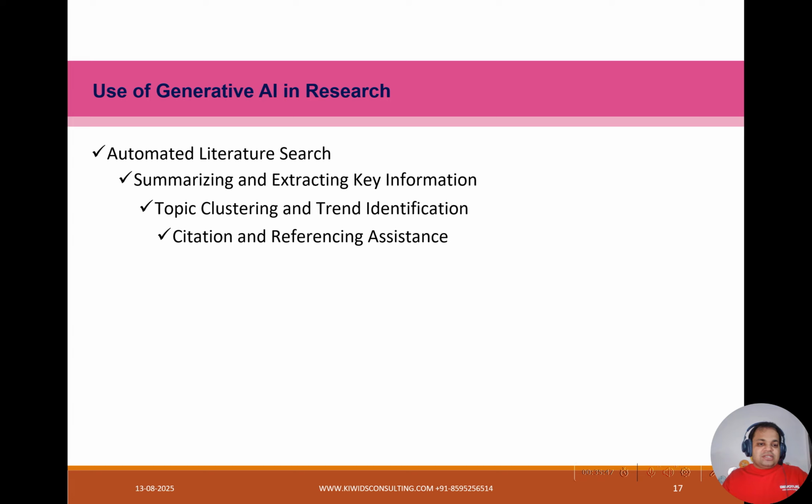Citation and referencing assistance. So there are applications. Previously there used to be people taking meeting notes as well. Now we have applications which create meeting notes for you. You don't need to work on it. There is an application where if I'm on a video call with you, a Microsoft Teams meeting or any other video call going on, that application basically creates meeting notes.